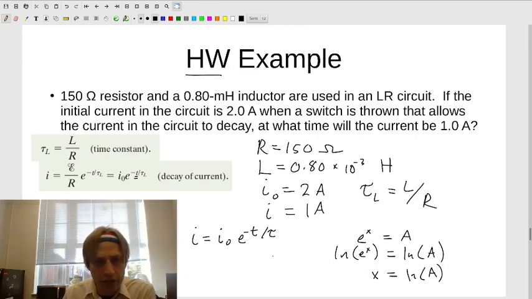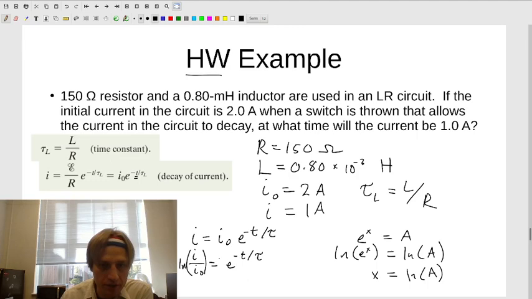So that's what I'm going to have to do here. I would have I over I naught equals e to the minus t over tau. And then I'm going to have to take the natural log of both sides. And what that does for me is that gives me a minus t over tau equals, so I've taken down the exponent.